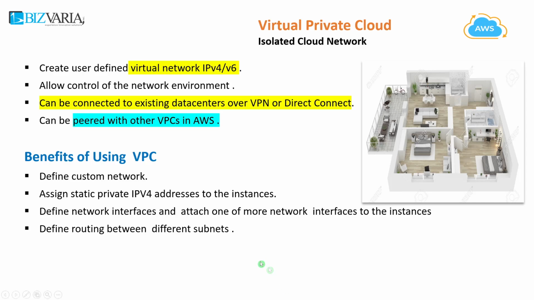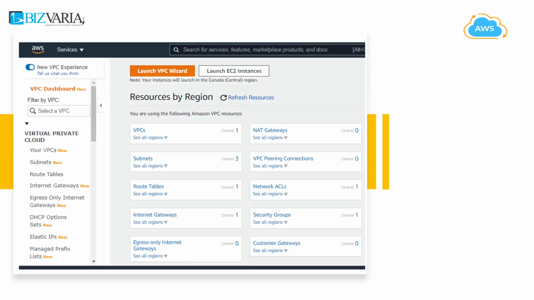So these are the benefits. Definitely the security part: define network security by allowing and denying traffic. When I say allowing and denying, think about the two layers, the network access control list and the security group.